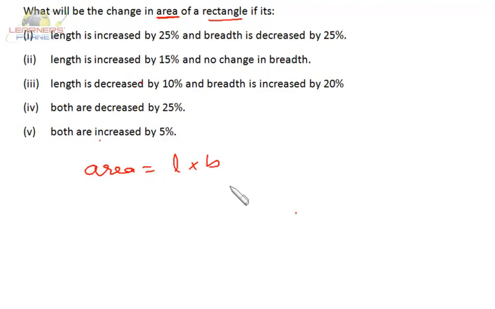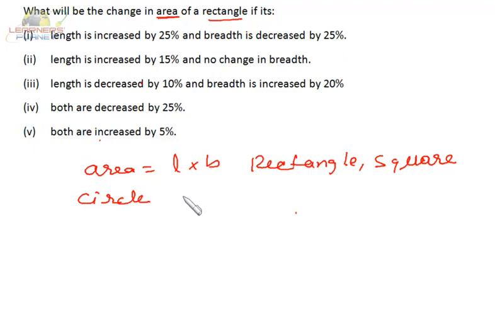length and breadth. Suppose I take the example of a rectangle, and same will be the case with square. Suppose I take the example of circle, then there will be a single variable, that is radius r.